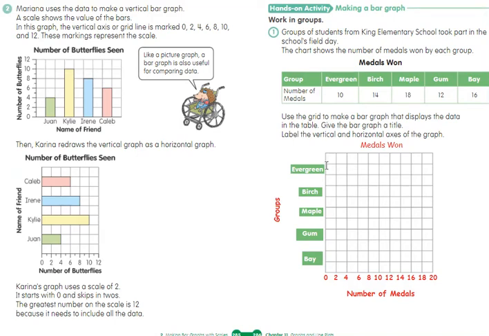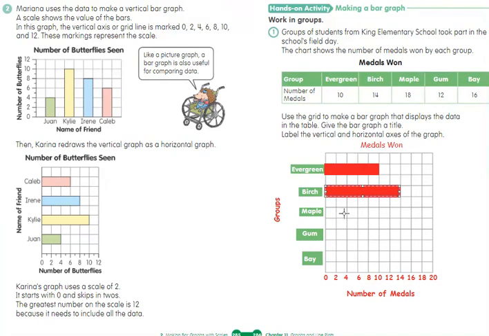So now it's time to make the bars. If I look at Evergreen, Evergreen went up to 10. So I'm going to take my bar from here, go to where it's 10, and stop there. Birch went up to 14.